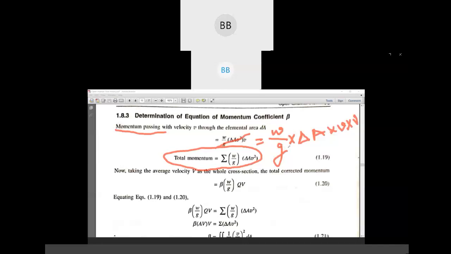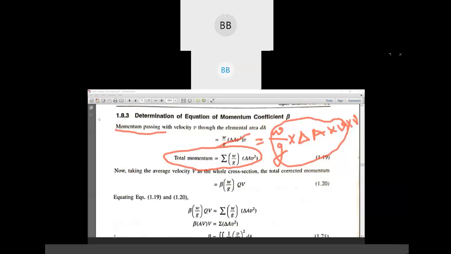Specific weight divided by acceleration due to gravity multiplied by the small elementary area multiplied by velocity. This whole gives you mass, and then you multiply it by velocity to get momentum, mass into velocity.